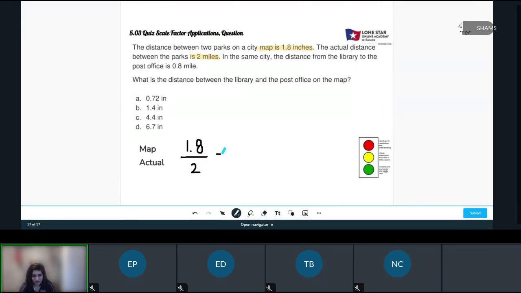Then let's read further. In the same city, the distance from the library to the post office is 0.8 mile. Is this the actual distance or is it the scale drawing? Let's read again. In the same city, the distance from the library to the post office is 0.8 miles.